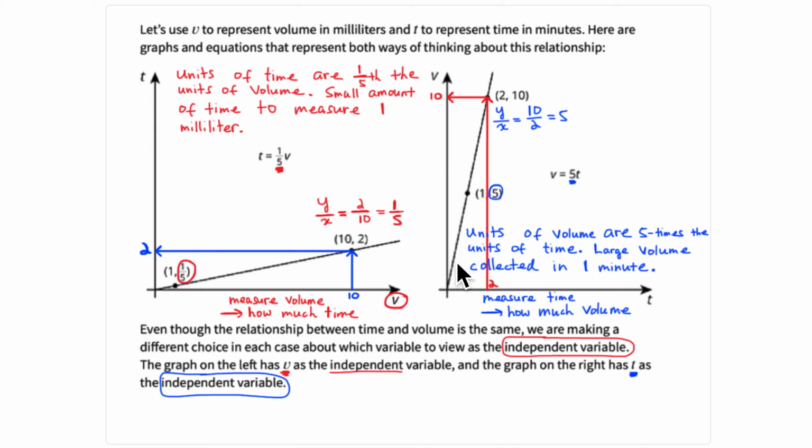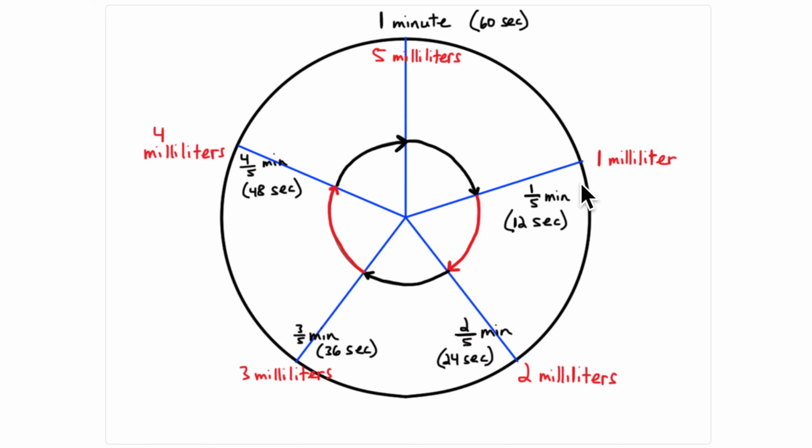So notice that this slant is much steeper and this slant is much shallower or less steep. And this is greater than 1. This is a constant of proportionality of 5. This is less than 1, a constant of proportionality of 1/5. Notice that they are reciprocals of each other, 1/5 and 5.